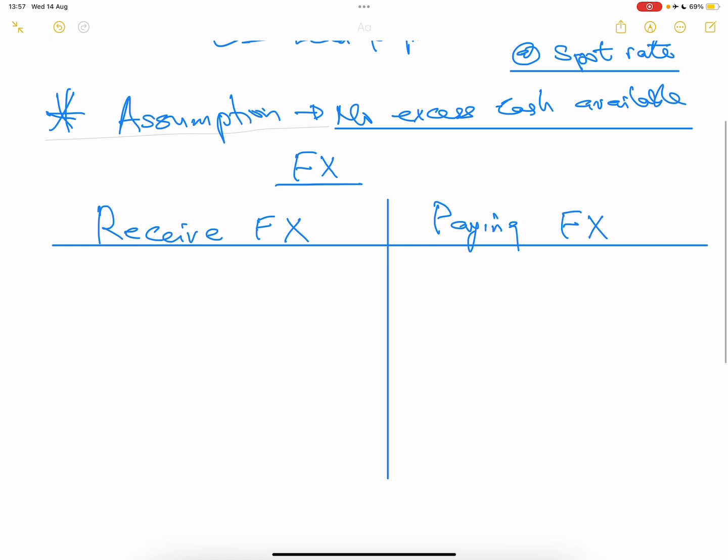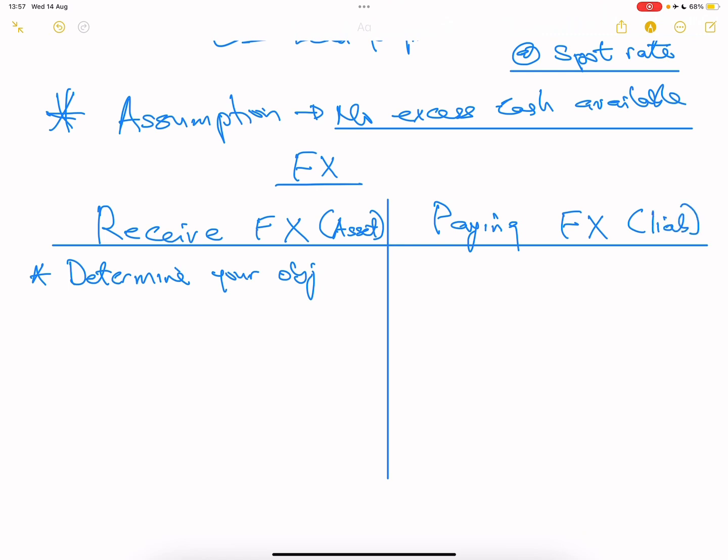I've broken it down. First thing you must determine is your objective, please. And let me tell you how you know your objective. If you're going to receive FX in the future, it means that you have an asset because it's a receivable. If you're going to pay FX in the future, it means you have a liability because it's a payable.